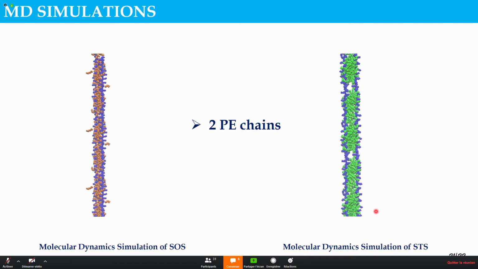Well, I didn't show it here because I don't want to say a lot of things, but we analyzed this data with the spherical and cylindrical distribution functions. The result that I told you is something that we saw even from the data, not just from VMD or from visualizing the data. There are functions that describe the difference in the aggregation between SOS and STS.